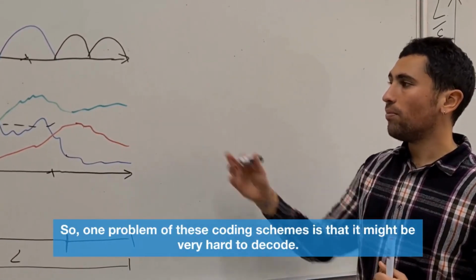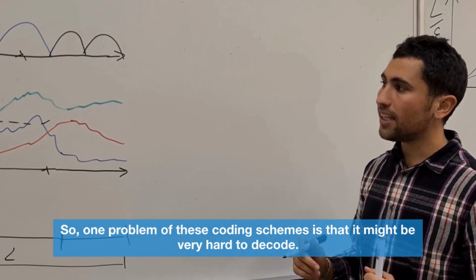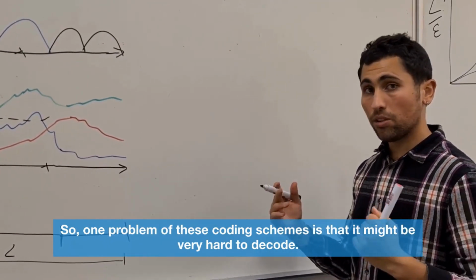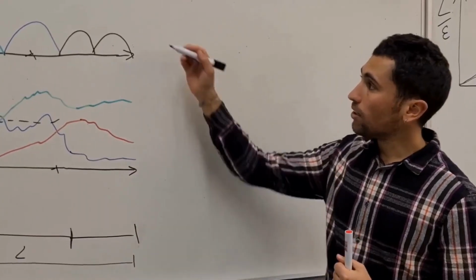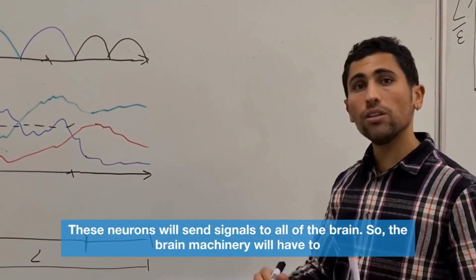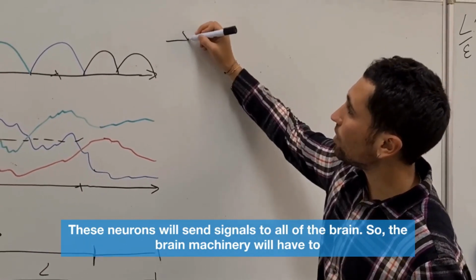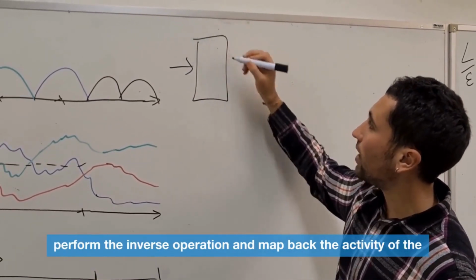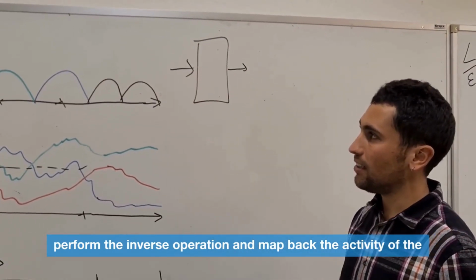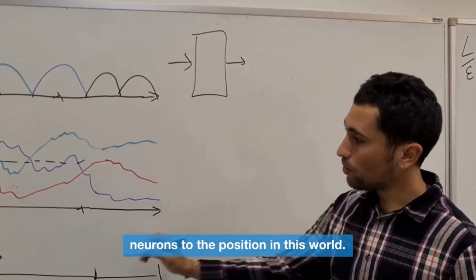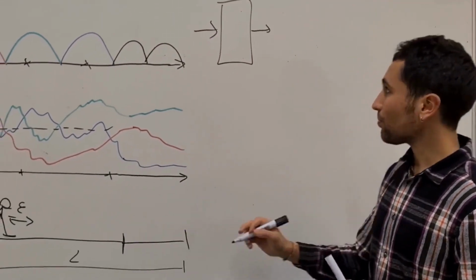So, one problem of these coding schemes is that it might be very hard to decode. These neurons will send signals to all the brain, so the brain machinery will have to perform the inverse operation and map back the activity of the neurons to the position in this world.